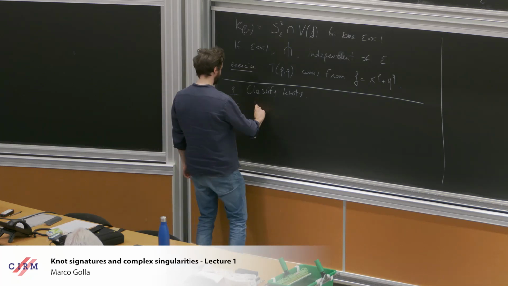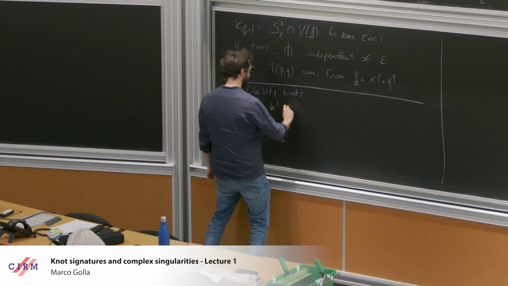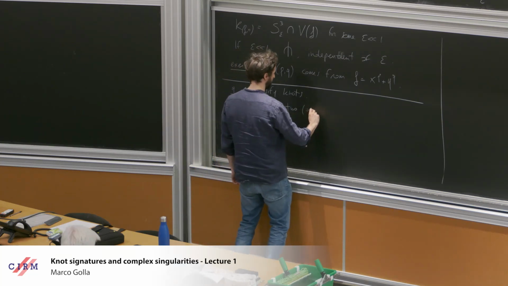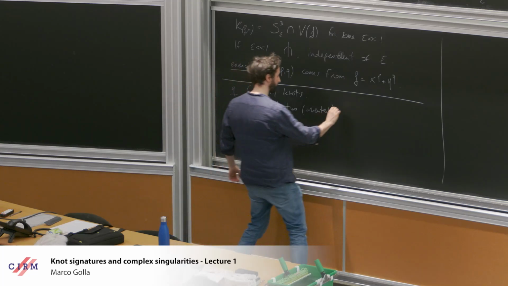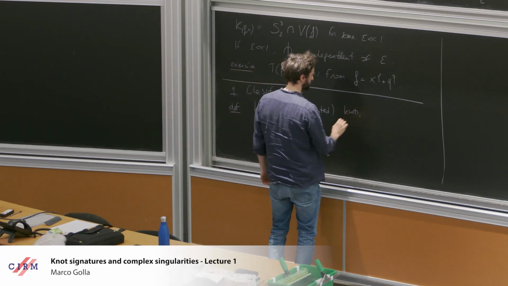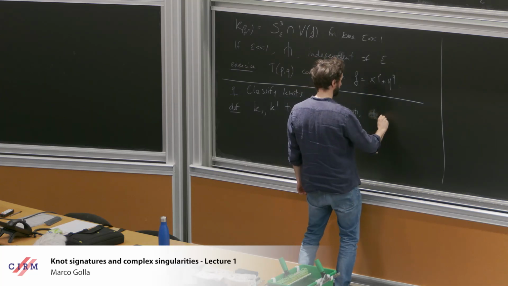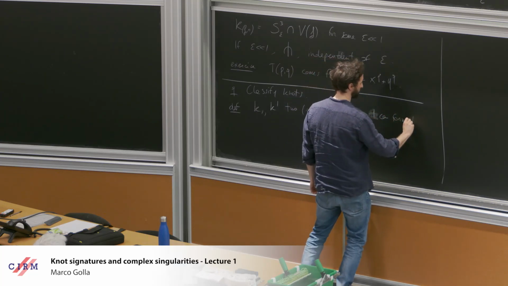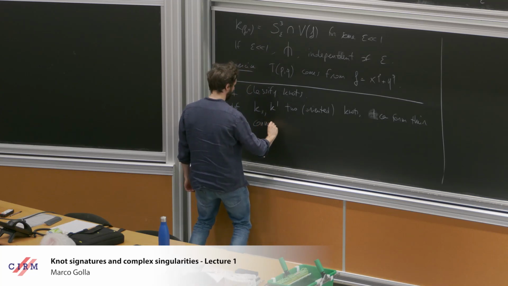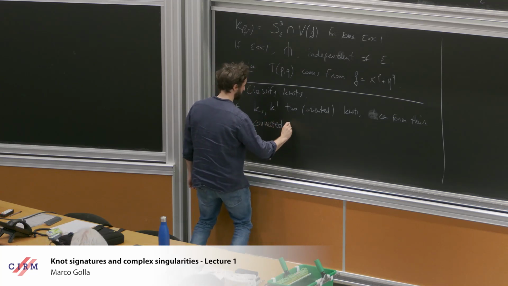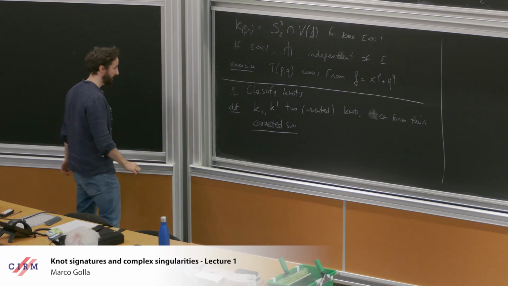If I have K and K prime, two oriented knots, I can form the connected sum. This is somewhat similar to what Danica was saying at the beginning of her talk.